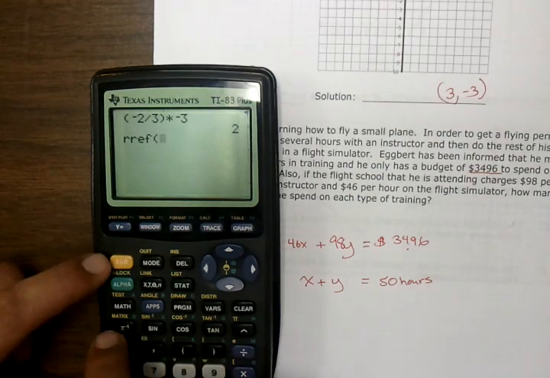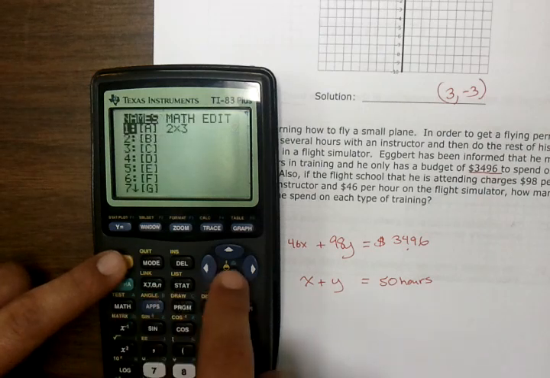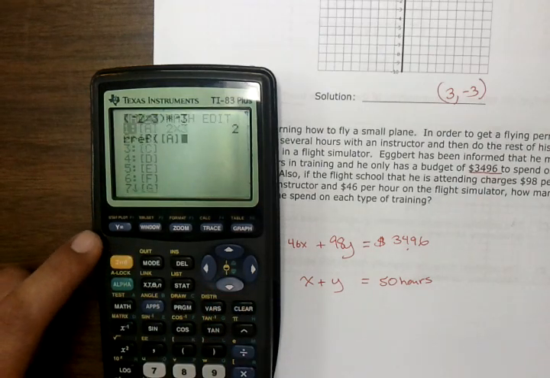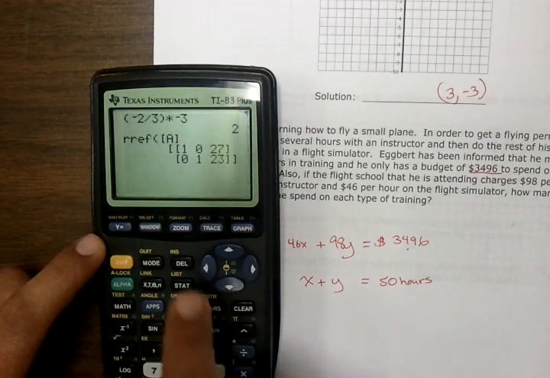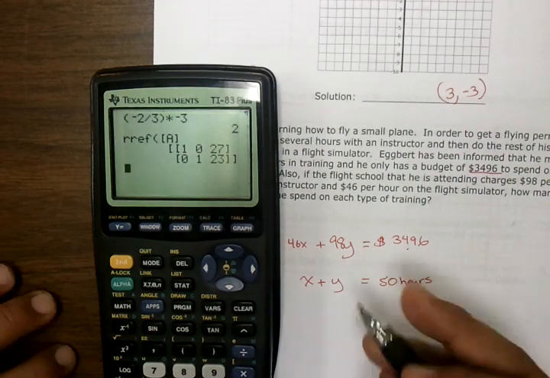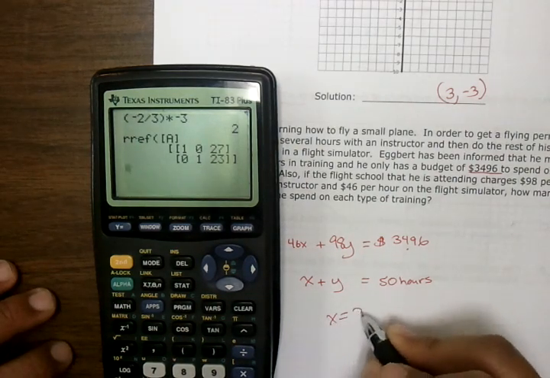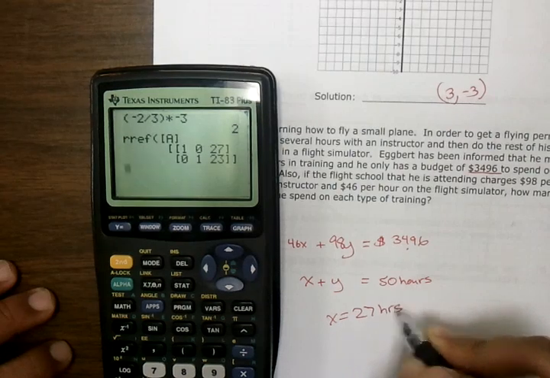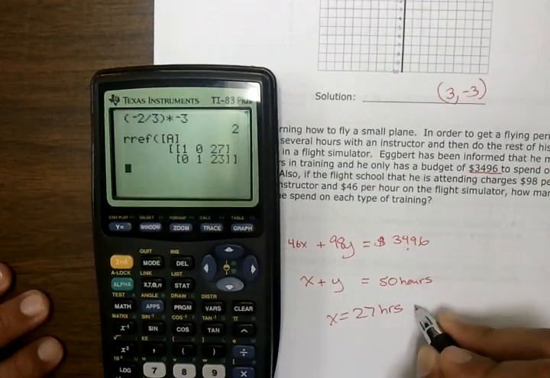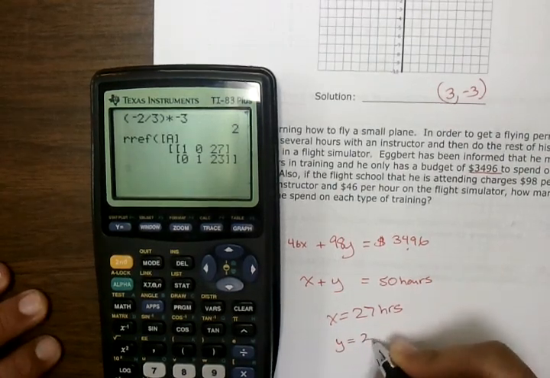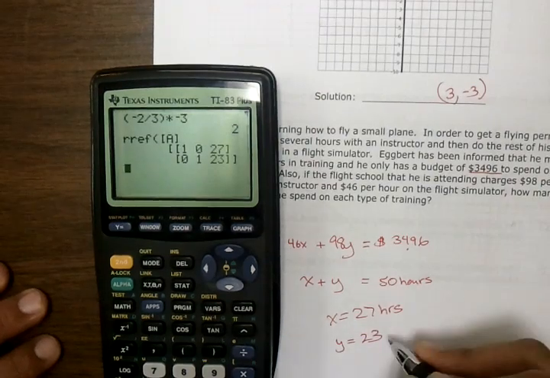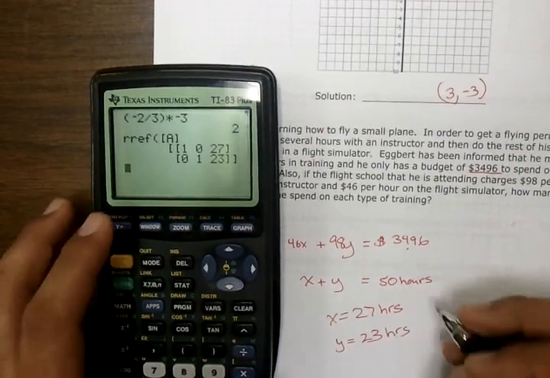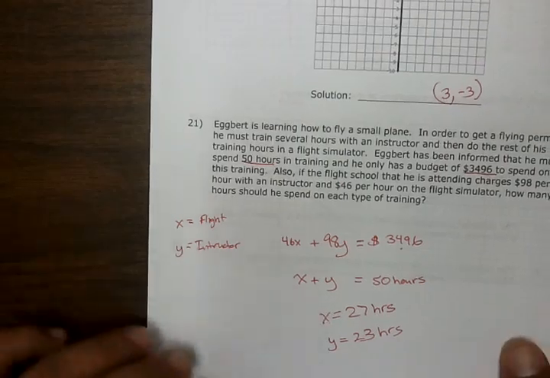Now what do you do after that? Go back into the matrix menu. See how it's stored under that? You bring that up and hit enter, and there's my solution. It says right here I should spend 27 hours in the flight simulator and 23 hours with the instructor to complete both my goals. And that's how you get down to the answer on this one.